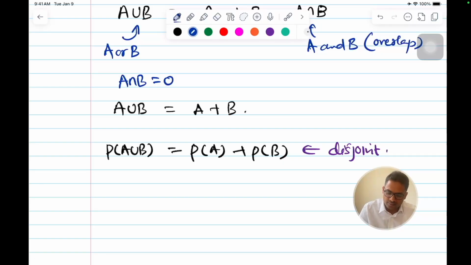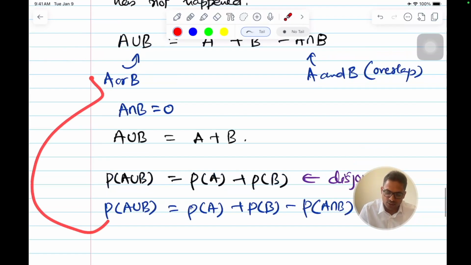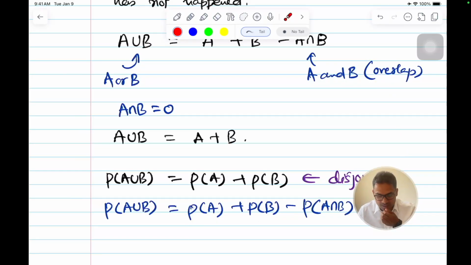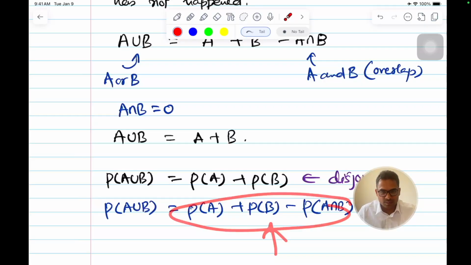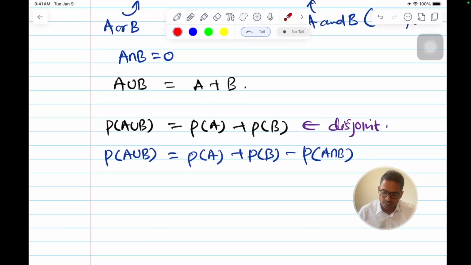And in general, probability of A union B is equal to probability of A plus probability of B minus probability of A intersection B. I have defined the terms for you: probability of A or B happening, and probability of A and B happening. This is quite simple. You can find out why it is there. If not, we can create a video for that too. So this is defined.